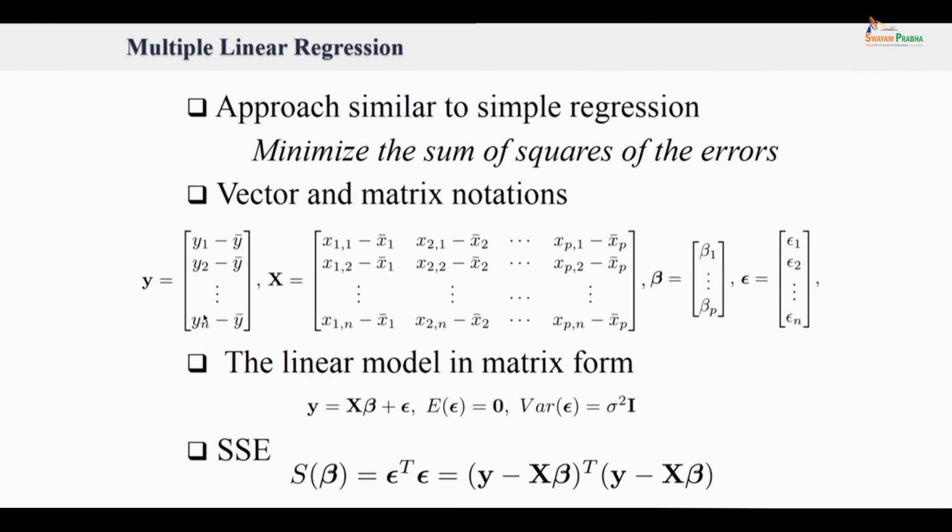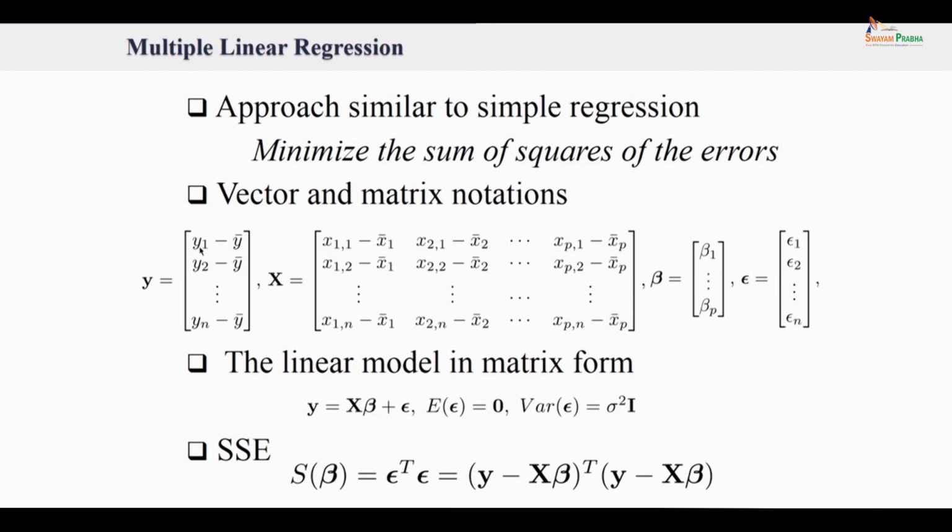We have also done one further thing, we have subtracted the mean value of all these measurements from each of the observations. So the first one represents the first sample value of the dependent variable y1 minus the mean value of y over all the measurements, y bar.